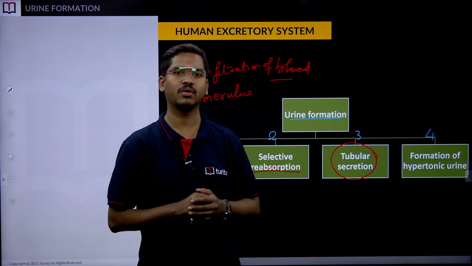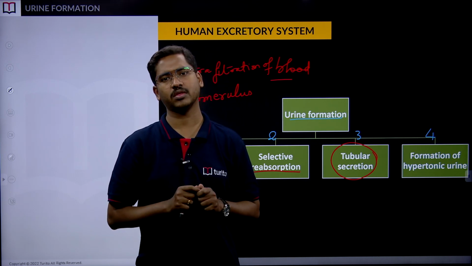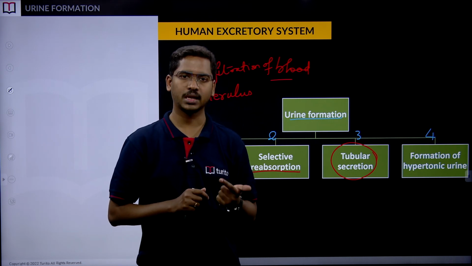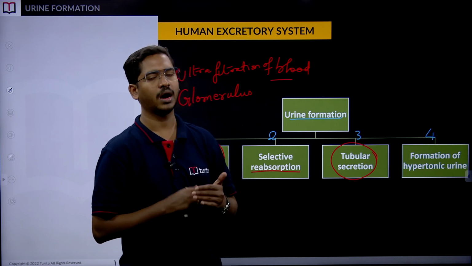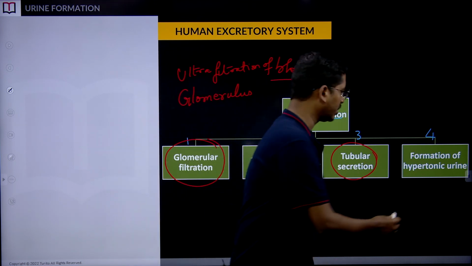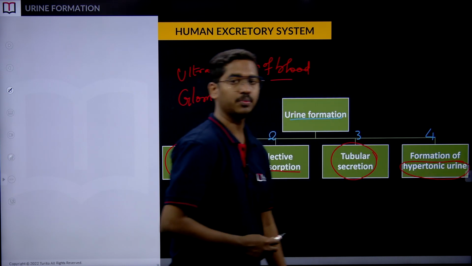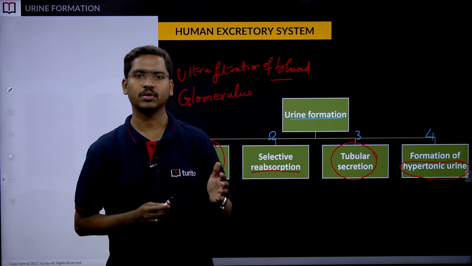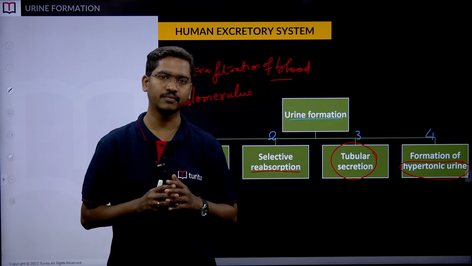This also involves the maintenance of the concentration of the substances in the fluid, which will also account for the maintenance of the pH of the fluid. After that, you will end up in the last process, the formation of hypertonic urine. So, you will end up having the process of hypertonic urine. That is more important for us.